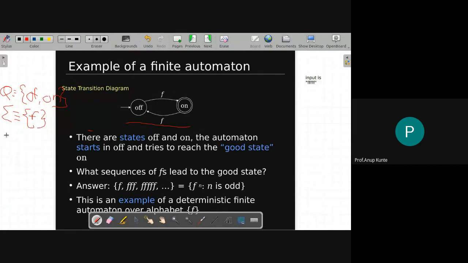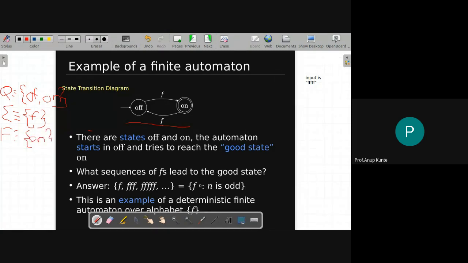Okay? What will be the F set, the final state, set of final states? So set of final states, out of these two states, only on state is my final state. So I will be writing this to be on.